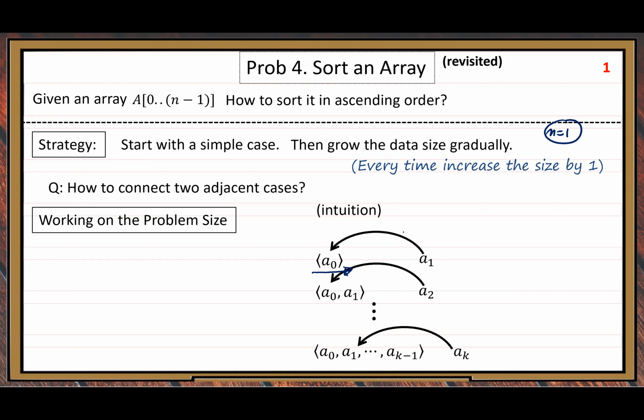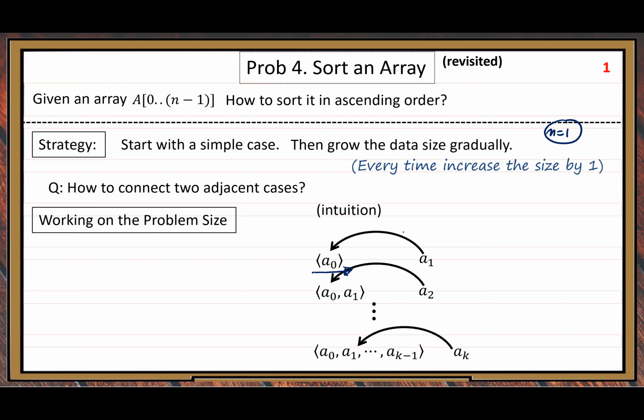In this view, you look at the actions you take for each step. Is it an insertion step? You insert A sub k into an ordered array. Can we see it in that way, the insertion way? The main step we're using here is just the insertion step.